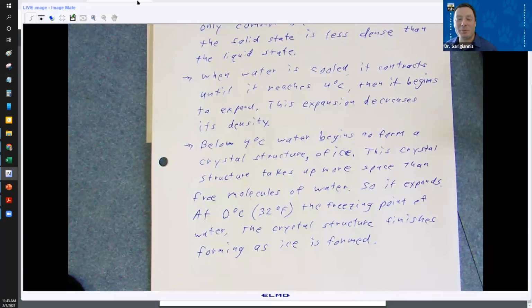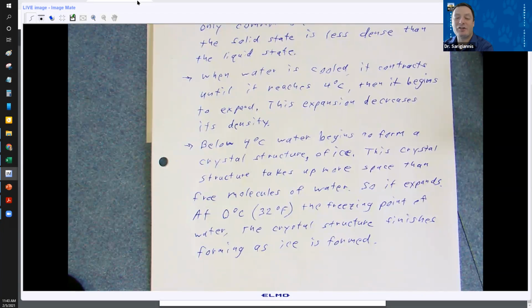At higher temperatures, the molecules of a substance are moving around really quick, right? They're bouncing off of each other. They're pushing each other apart. They're really annoying. And then as you start to drop the temperature, they slow down. So they're not bumping into each other as hard. They're able to stay closer together within a smaller volume.